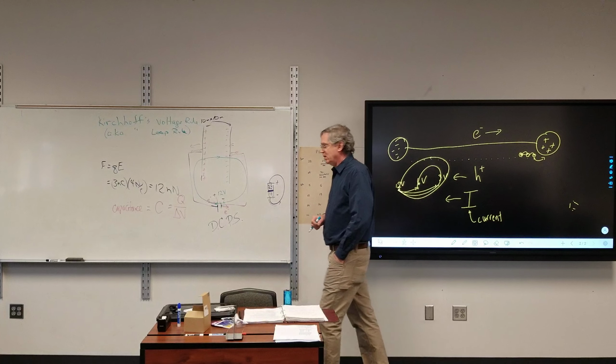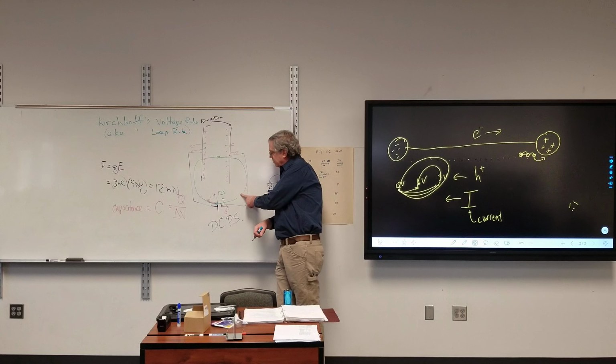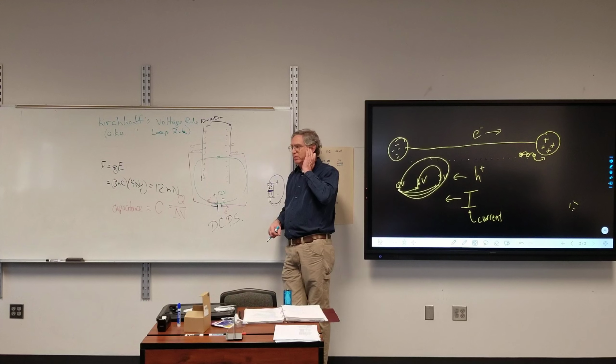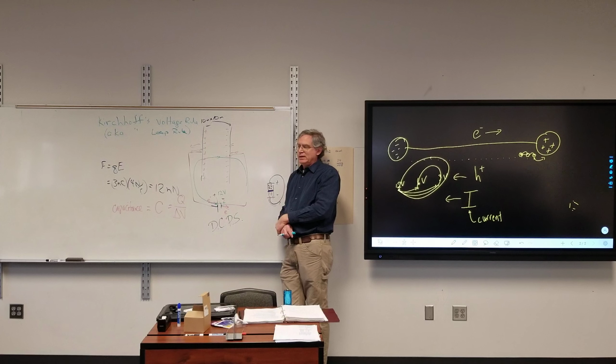But wouldn't the green circle break? Yeah, when you're doing a loop, you actually have to do a loop of components. So if I have a break here, then that loop doesn't exist anymore. Oh, okay.